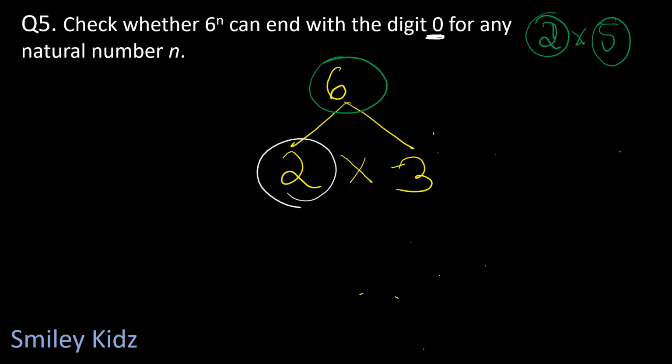But wait, 5 is not at all a prime factor of 6, isn't it? So, 6 to the power of n can never end with a digit 0 for any natural number n. That's because the prime factorization of 6 does not contain the number 5. As simple as that.